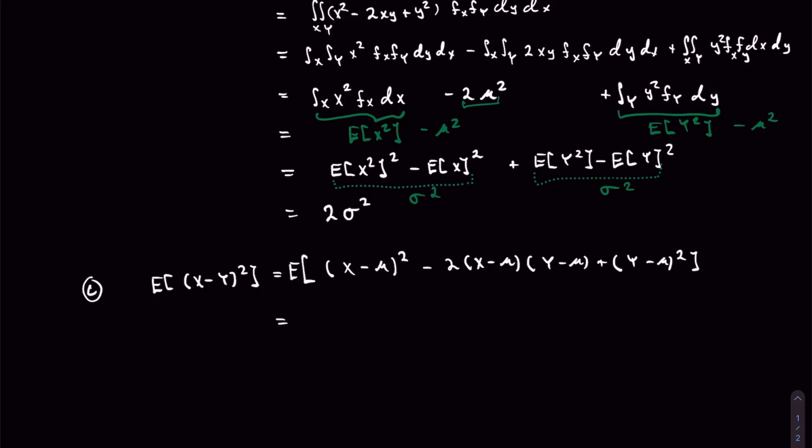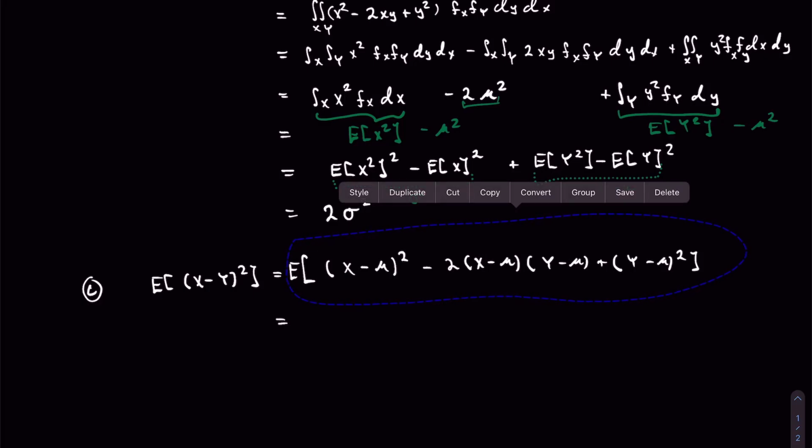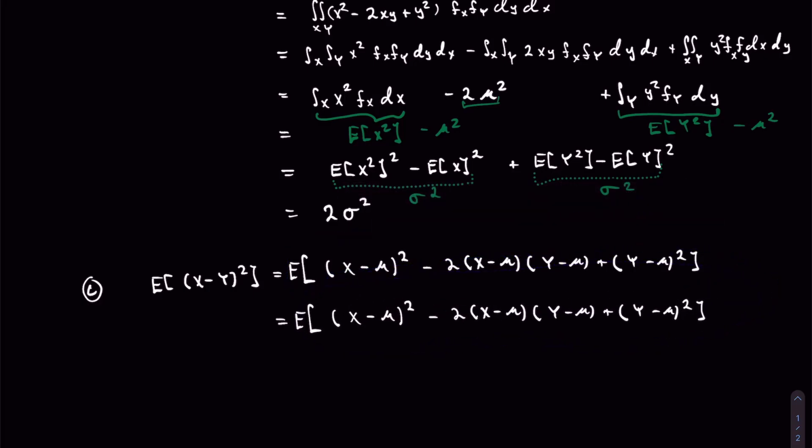Now what we can do is that we just use linearity. And for that, I'm just going to copy this whole thing, duplicate it, write it out like this. Okay. Another expectation here. And another expectation there.